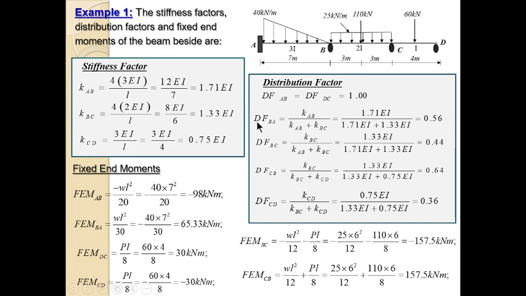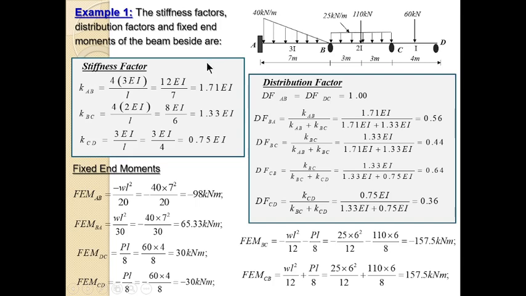If we calculate the distribution factor of B going to A, it's going to be the stiffness factor of span AB divided by the total of the stiffness factors of both members meeting at joint B. For this case, it is member AB and member BC meeting at B. So you have the stiffness factor of member AB divided by the stiffness factor of AB plus the stiffness factor of BC.